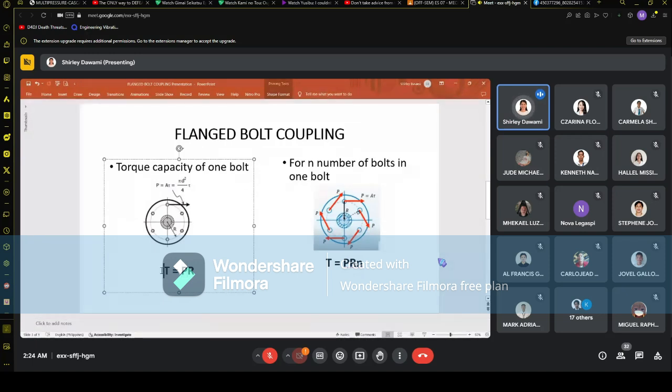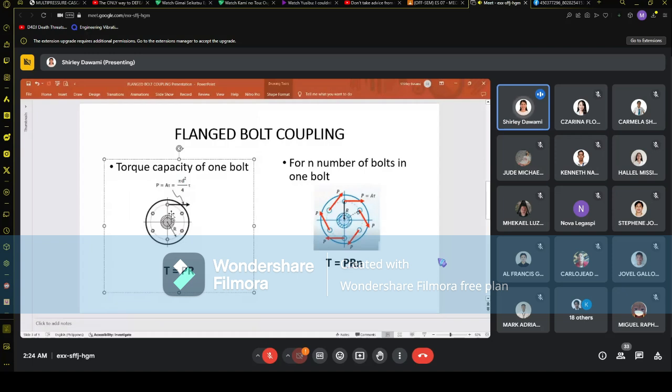So we obtain this formula because T equals P times R, since torque is also known as a twisting moment, and moment is equal to force times distance.